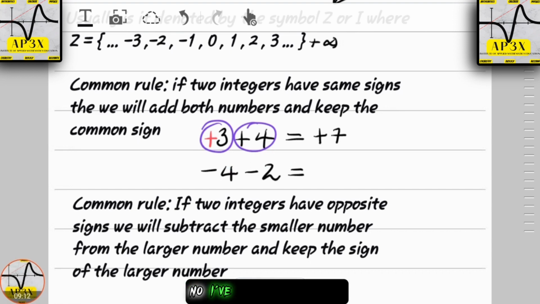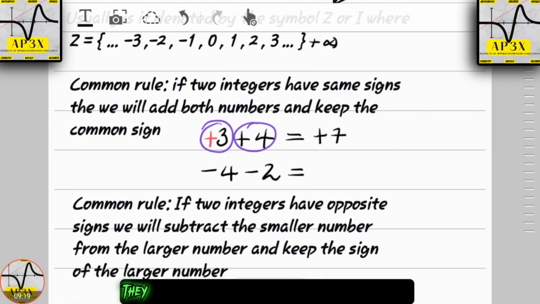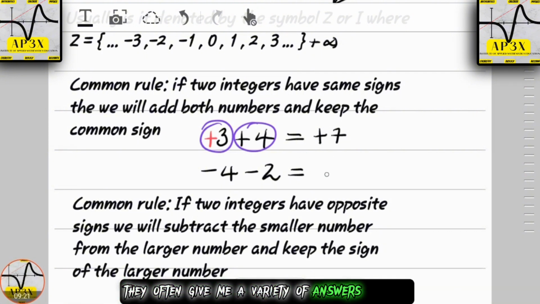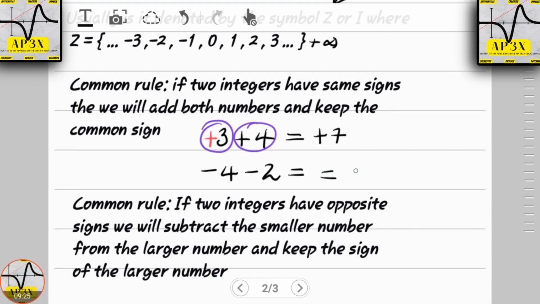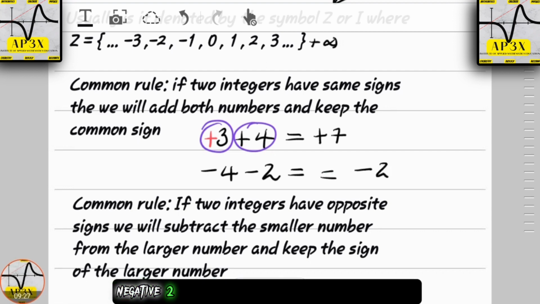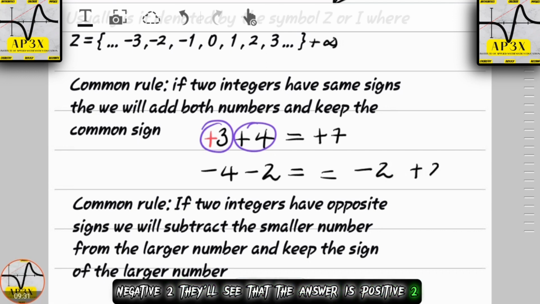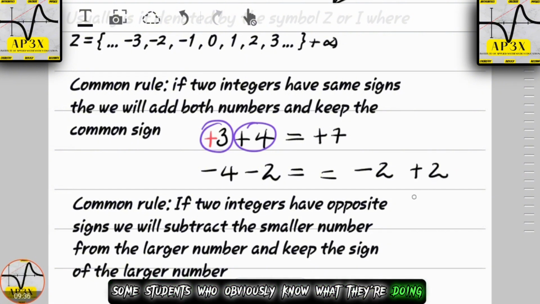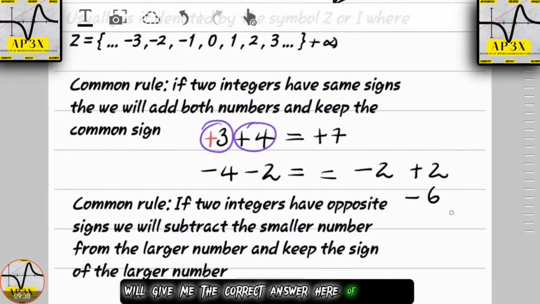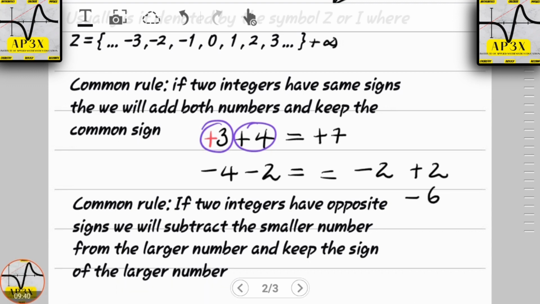I've given students this so many times at the fundamental level, and they often give me a variety of answers. Some say the answer is negative 2, some say positive 2, and of course some students who know what they're doing give me the correct answer of minus 6.